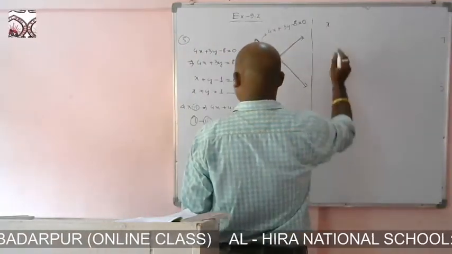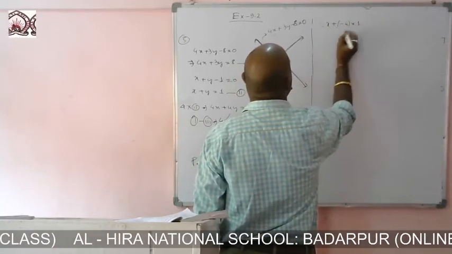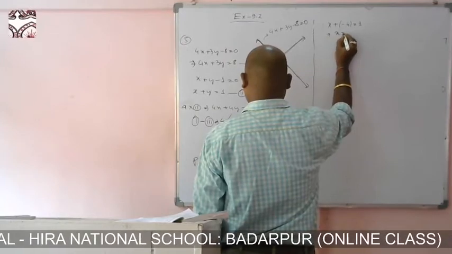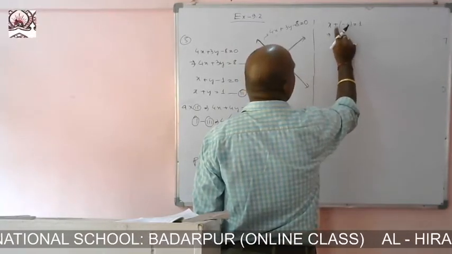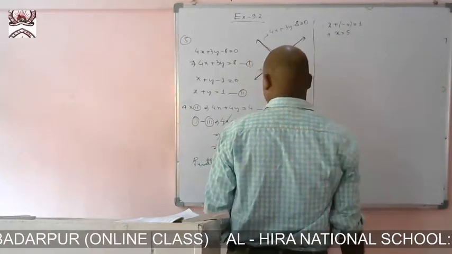So x plus of minus 4 equal to 1. X equal to, minus into plus into minus is minus, it will become x equal to 5. Okay.